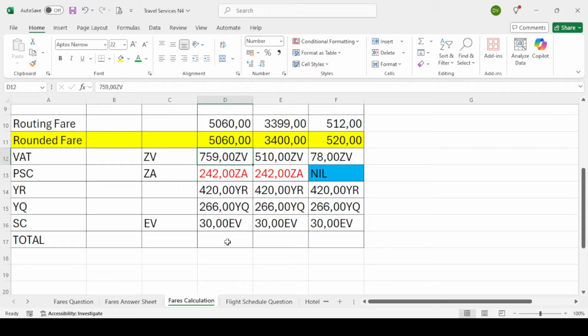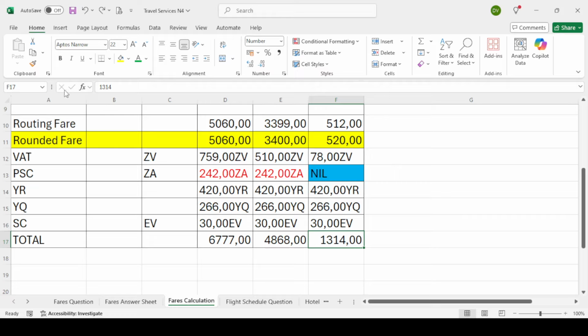But when you add your fares up from the rounded fare, you add everything together, which gives you a total of 6777.00 for the adult, 4868.00 for the child, and 1314.00 for the infant.